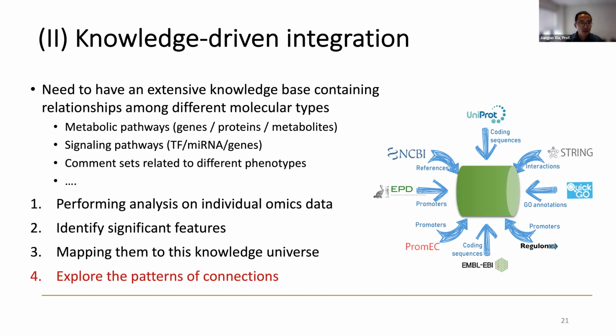So knowledge-driven means that we first need to have an extensive knowledge base containing relationships among different molecular types. So for example, pathways, regulation networks, and other gene sets that define disease or phenotypes.